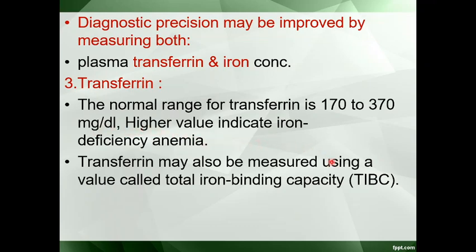A higher value indicates iron deficiency anemia, because the level of transferrin is high but iron is not present to bind transferrin, right? Therefore, unbound transferrin level will be high in iron deficiency anemia, because iron is not available to bind transferrin.